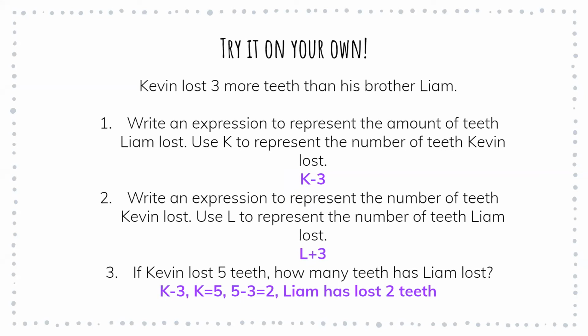And then we know that Kevin has lost 5 teeth. So then K is going to equal 5. So when we plug in 5 for K, that gives us the expression of 5 minus 3, and that equals 2. So Liam has only lost 2 teeth because his brother has lost 3 more than him.